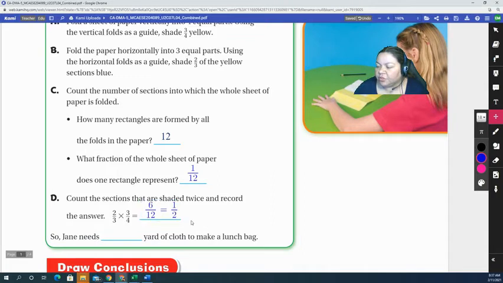You could also think about it like this: if I can divide both the numerator and the denominator evenly, and yes, I can divide by 6. 6 divided by 6 is 1, and 12 divided by 6 is 2. So when I simplify, I get a half. So J needs 1/2 yard of cloth to make a lunch bag. All right, so that was the first section.